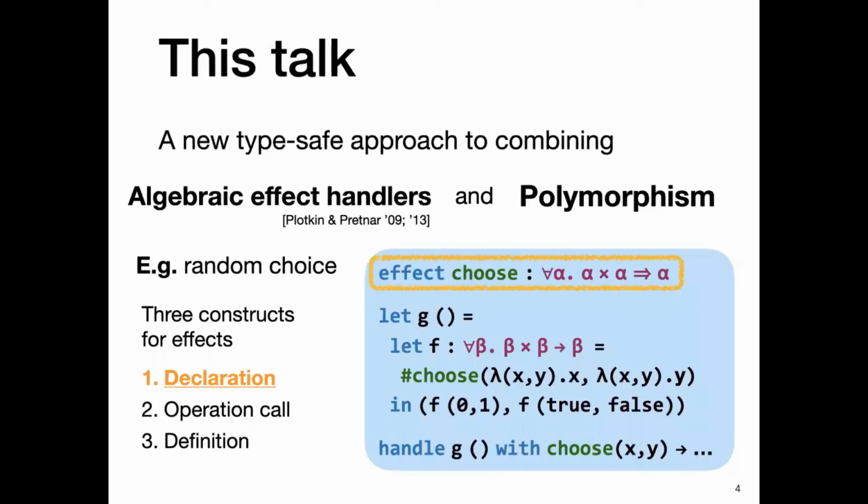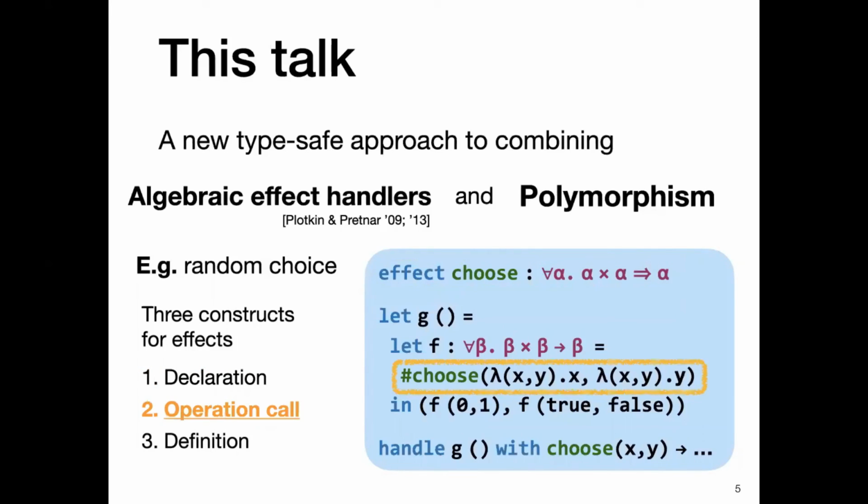Here, the operation choose is declared with this polymorphic type. So this type means that the choose operation takes two arguments and returns either of them. Here, polymorphism allows the type of choose to abstract over the type of argument.